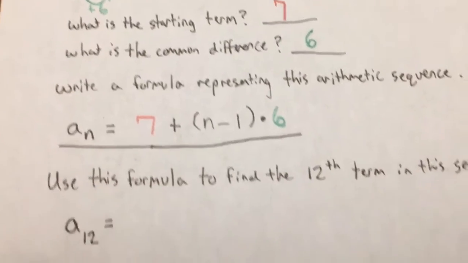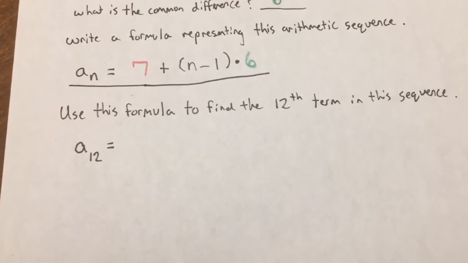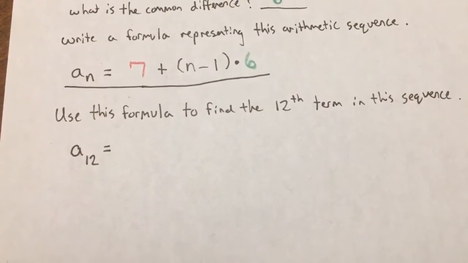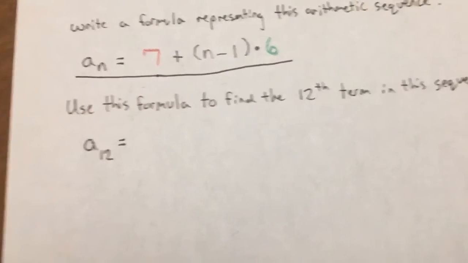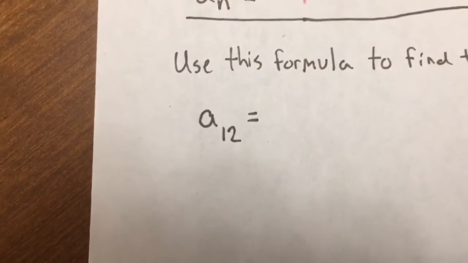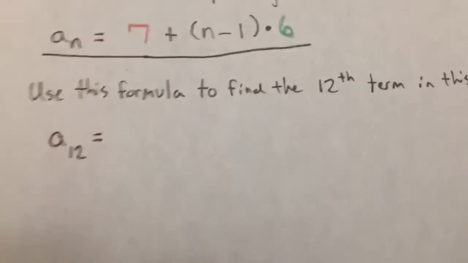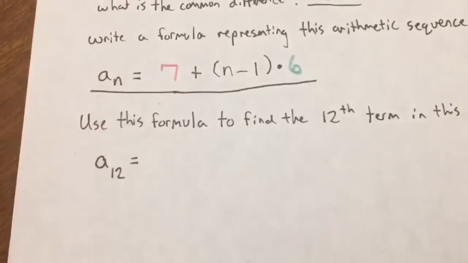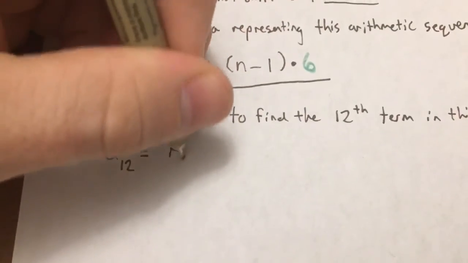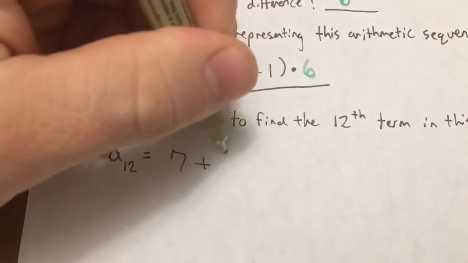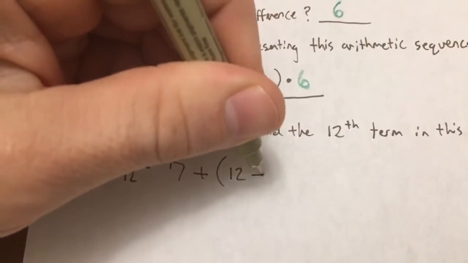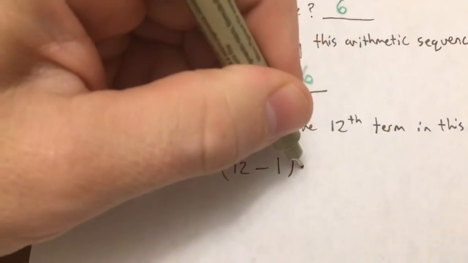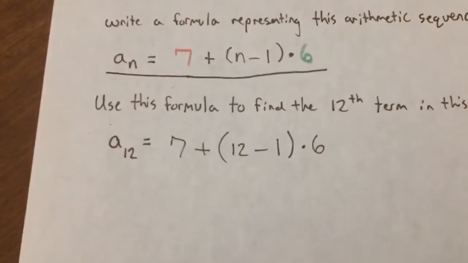Now we're going to use this formula to find the 12th term in this sequence. We're going to plug 12 in for n. So the arithmetic sequence for the 12th term equals 7 plus parentheses, and for n we replace that with 12, minus 1, times 6.